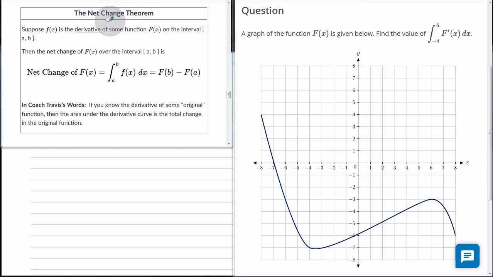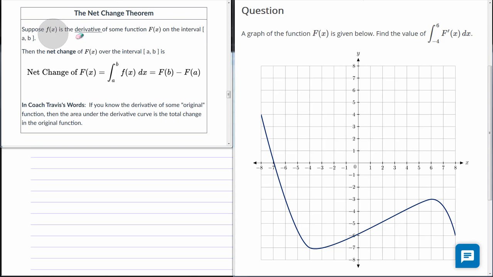So what we want to use here is the net change theorem. What the net change theorem basically says is that if you integrate the derivative over an interval, then you get the net change in the original function.